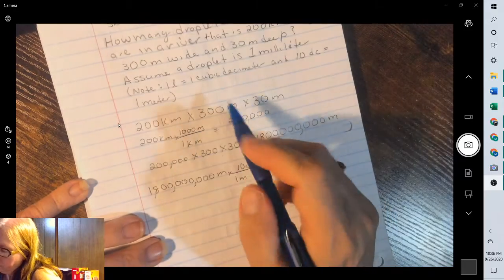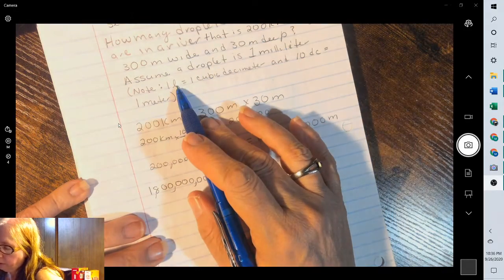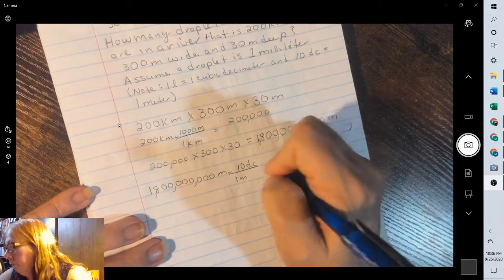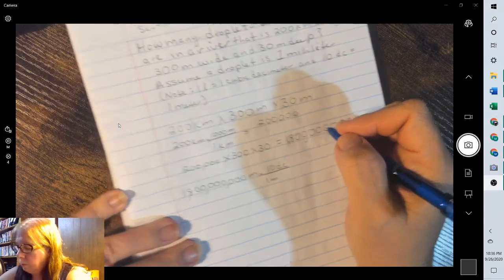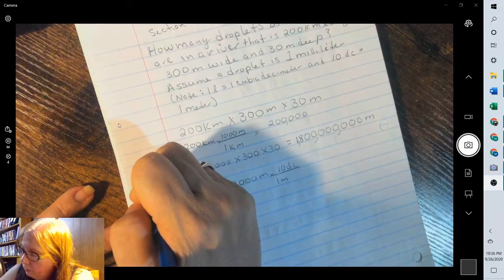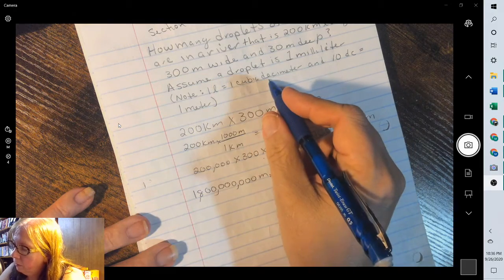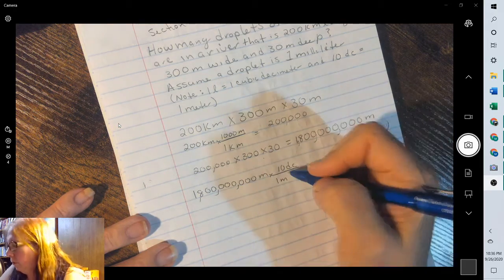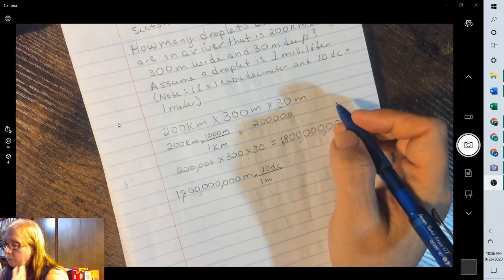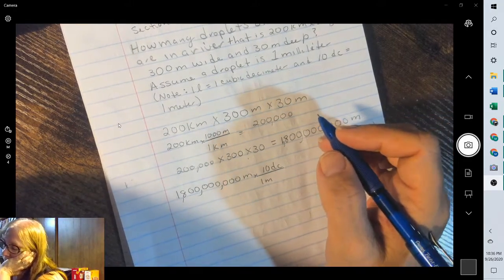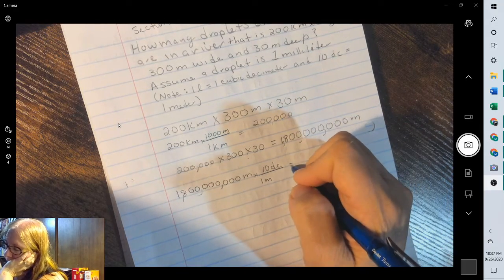And then cubic decimeters is a liter. Okay, so we need to make this cubic. Let's find this first.